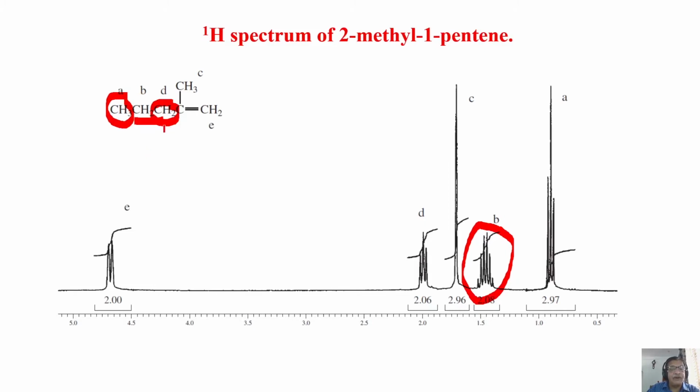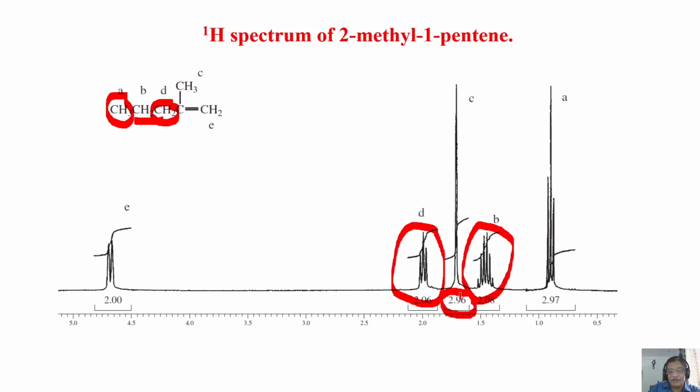Now D. What is D? D is simply a triplet because it is coupled to CH2 and there is no long range coupling. It is simply a triplet. Okay, that is assigned very clearly. Now, if you look at that one, there is one peak with intensity 3.